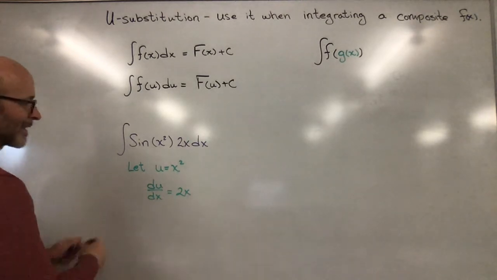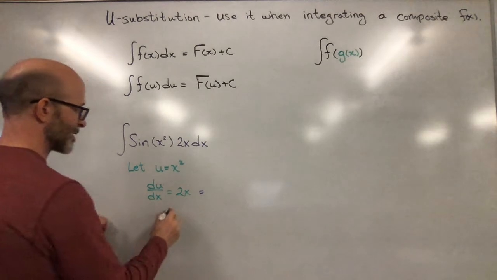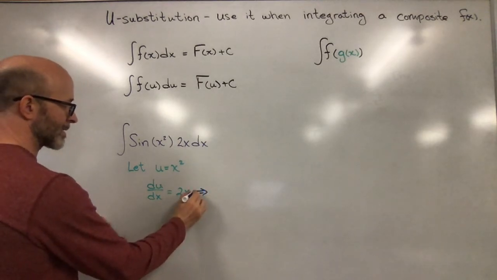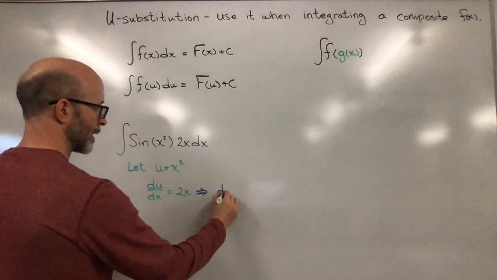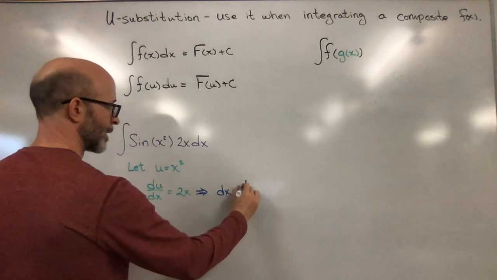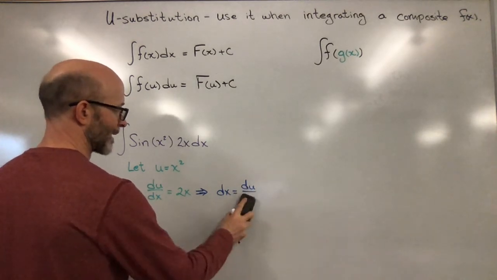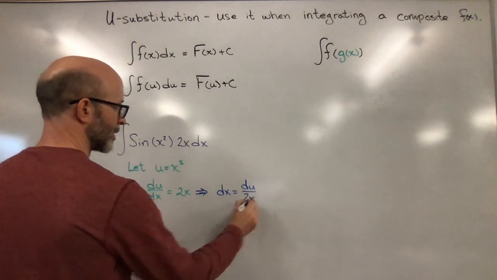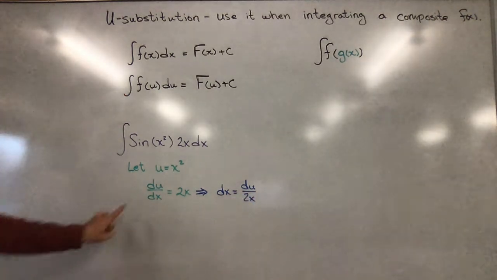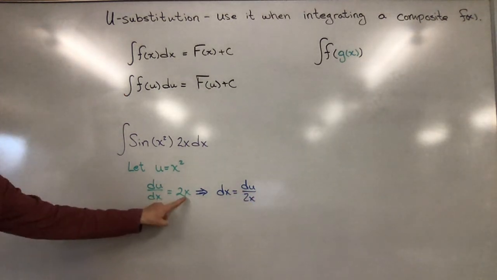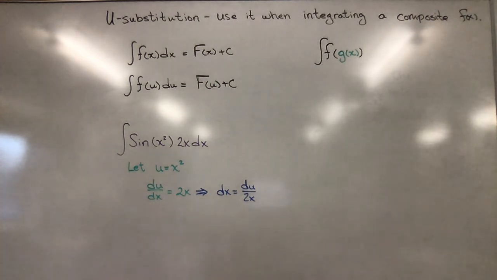So that lets me see that if I rearrange this just a little bit, dx is going to be equal to du over 2x. When I rearrange this, I multiply both sides by dx, divide them both by 2x. Watch what happens.